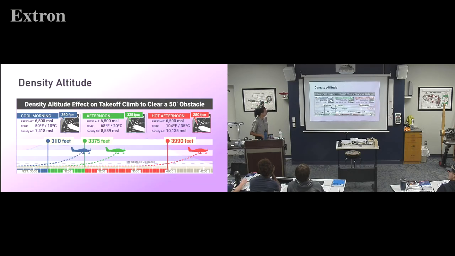So mainly, keeping in mind that if it's cool, is it going to be more or less dense than standard? More dense. And if it's hot, is it going to be more or less dense? Less dense.